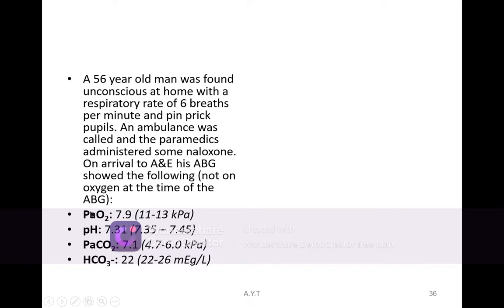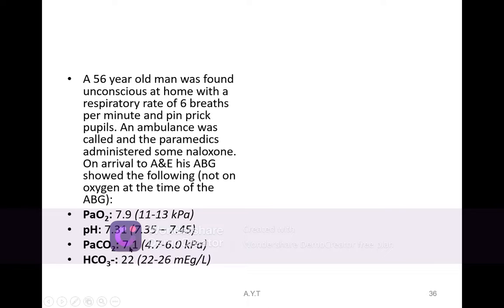Last example I will give, because you can pick a lot of them in your book and on Google. PaO2 is 7.9, hypoxemia is there at about 60% oxygen, pH is 7.31, it is lowered, meaning acidemia. There are two parameters left. Whether the cause is this or this. Now PaCO2 level 7.1 is higher.